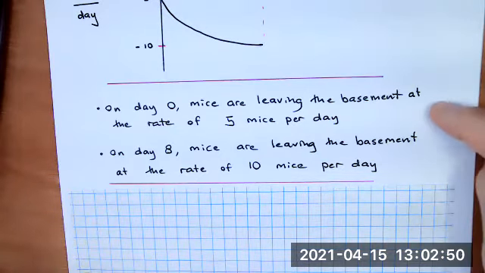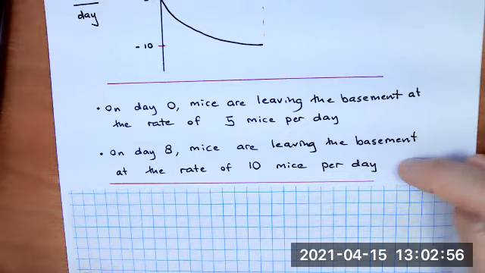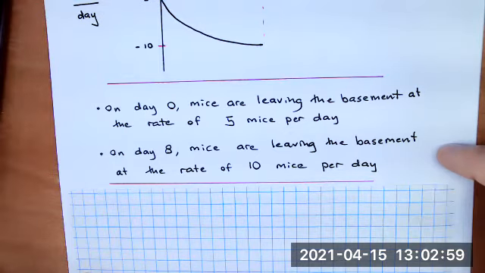So on day 0, mice are leaving the basement at the rate of 5 mice per day. On day 8, mice are leaving at the rate of 10 mice per day.